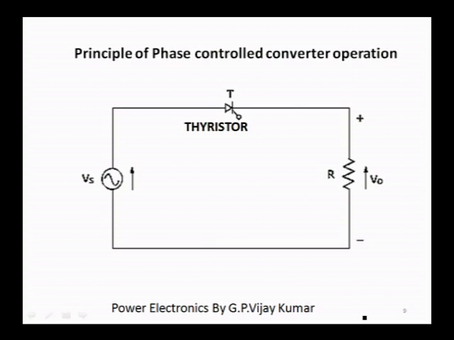Of course, 0.01 second is sufficient time, it will be reverse biased and move to the blocking mode. So, the thyristor is commutated. With the negative half cycle, we will not get any output voltage because it is reverse biased and turned off. So, we are getting a rectified output. This type of connection, where you are getting only half wave, may be a half wave rectifier.